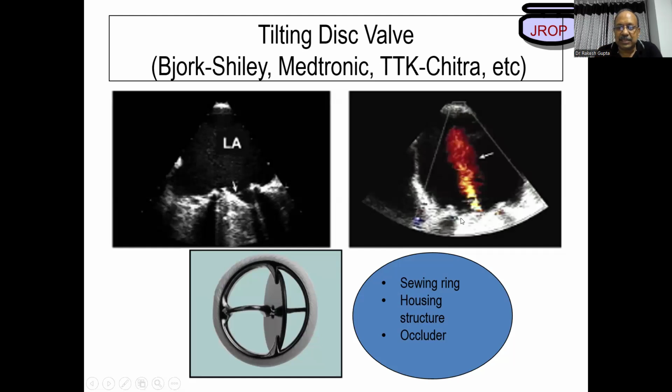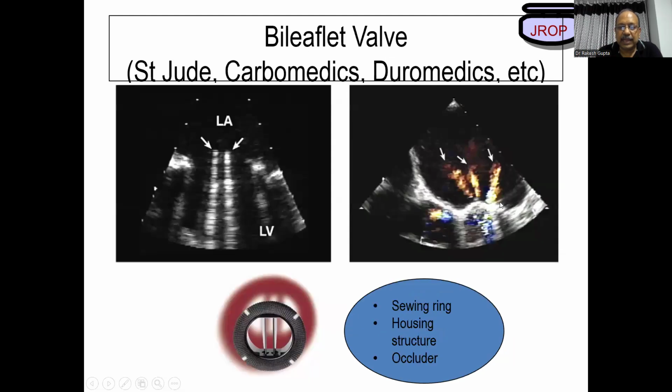And this is a sewing ring, and here is the housing. And last is the bileaflet disc, where we see two leaflets showing reverberations, and we happen to see three jets across this particular valve.